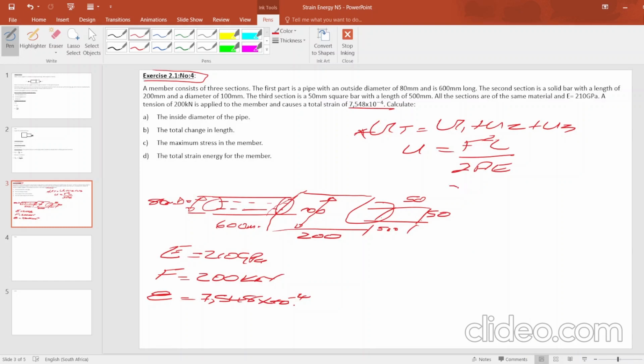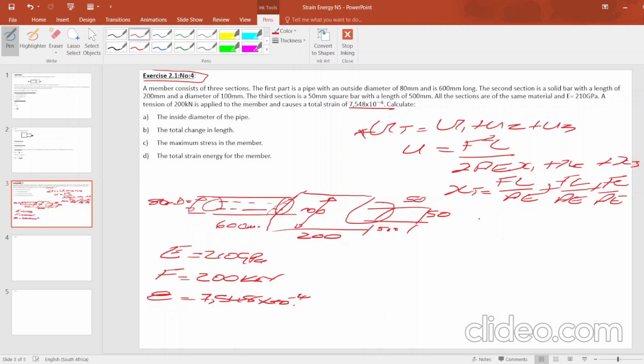Then we have the formula for calculating the total change in length. We know that it is FL over AE, whereby if it's compounded like this, it will be FL over AE plus FL over AE plus FL over AE, that is X1 plus X2 plus X3. Then we get the total change.